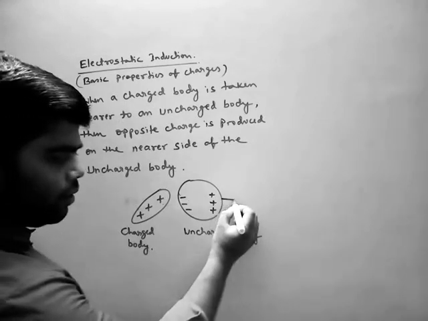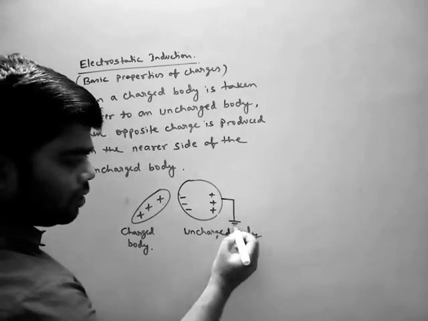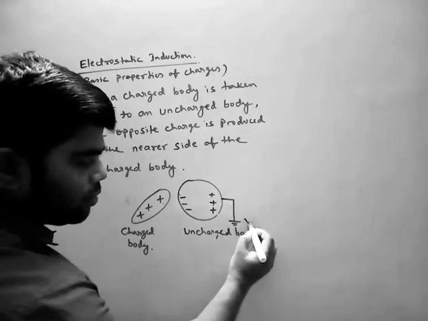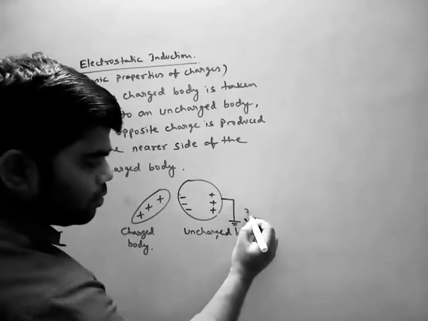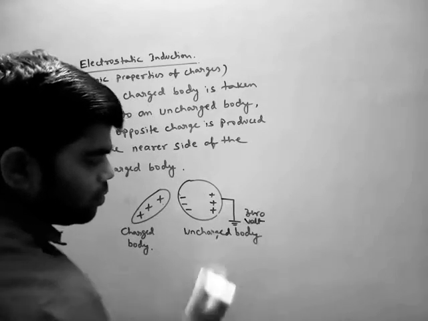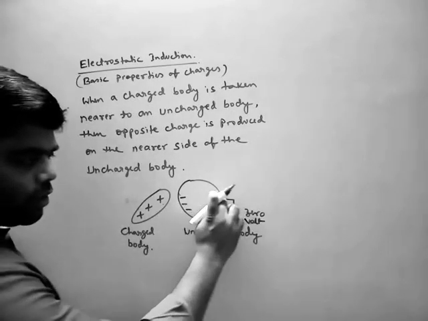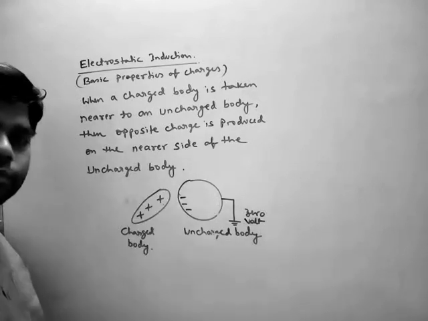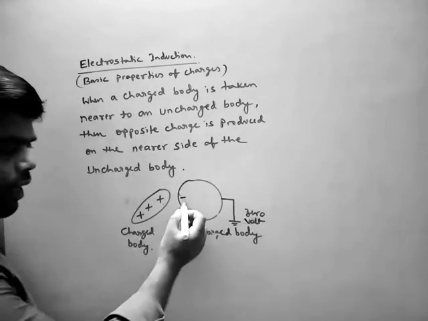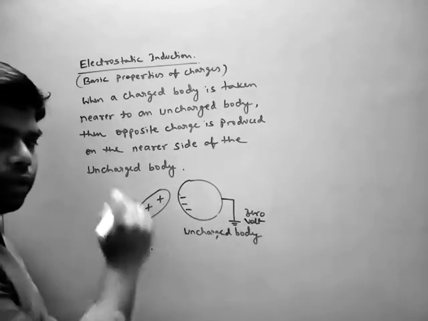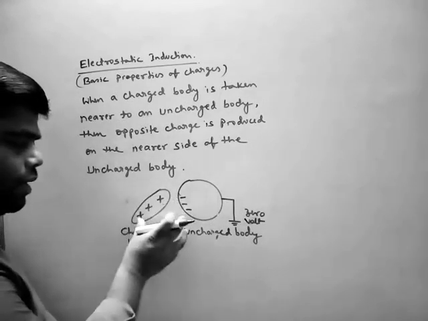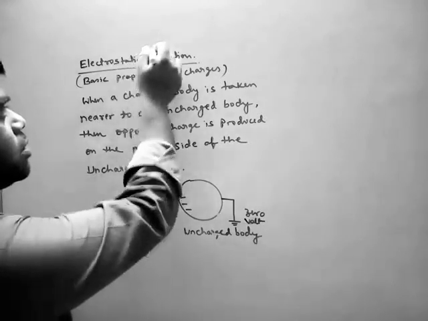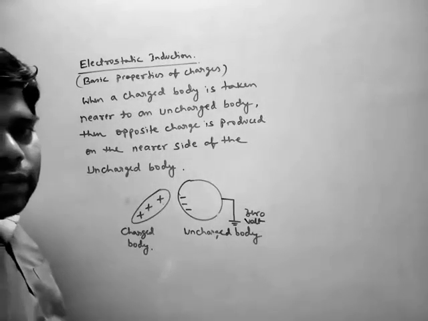And if I make this side earthed, meaning 0 volt, then all this positive will go to the ground and become 0. In this way, negative will distribute throughout the body. And this process by which we can gain charge on a body is called electrostatic induction.